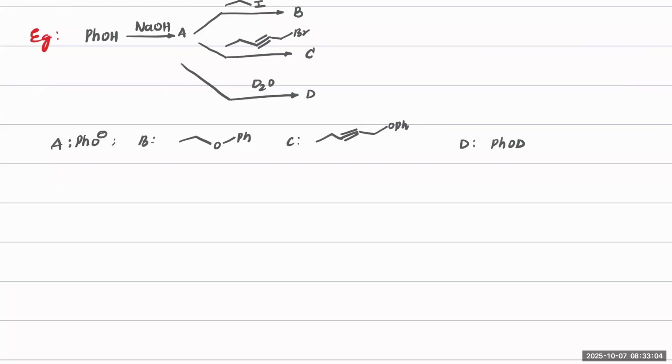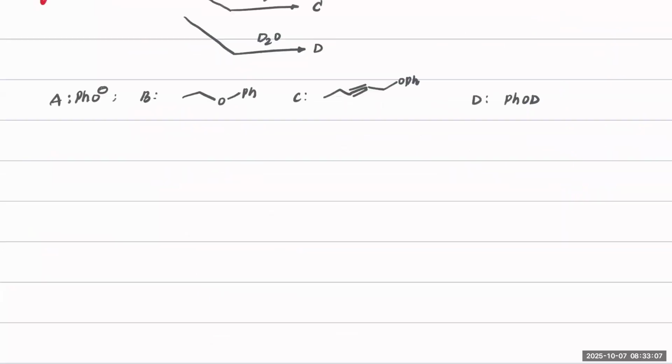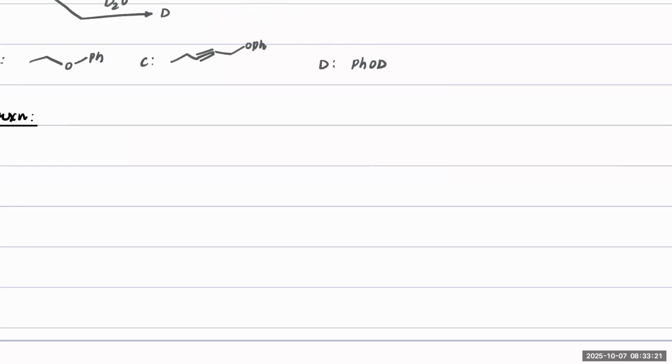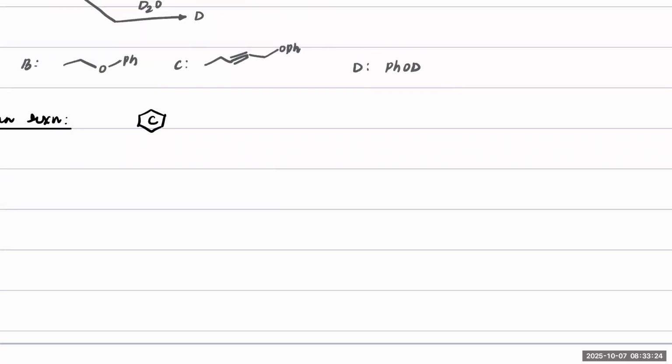Right. Next, phenol mainly involves name reactions, starting with the Reimer Tiemann reaction. Reimer Tiemann reaction is when you take phenol and react that with CHCl3 plus NaOH, and this will give us phenol with CHO.